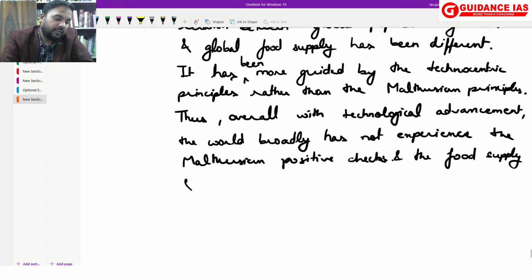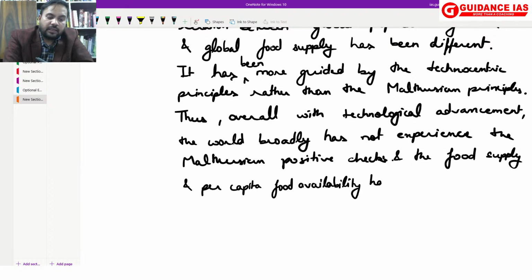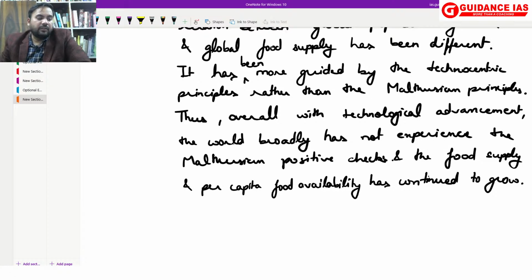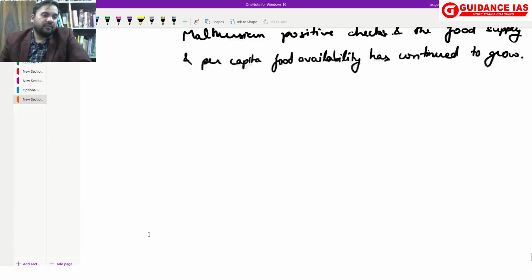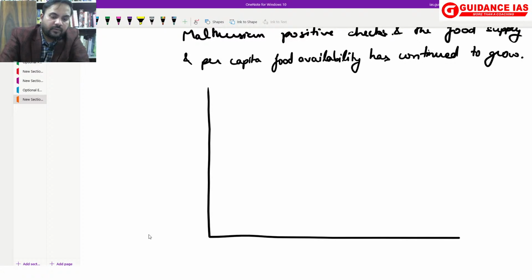Food supply, and per capita, you write per capita food availability has continued to grow. So here we can show, rather than the Malthusian case, what actually has happened with the world.